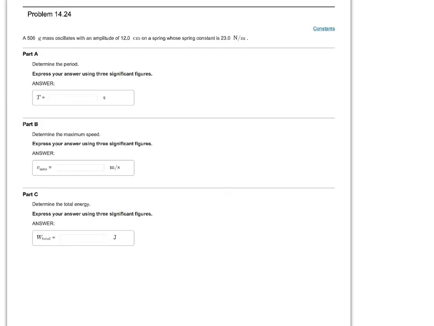For this problem here, we have a mass oscillating on a spring. We want to do a number of things. First of all, we want to determine the period. So I'm going to start with T equals 2 pi times the square root of m over k, our expression for the period of a mass on a spring. I know that my mass here is 506 grams, or 0.506 kilograms, and that's what units we wanted in there.